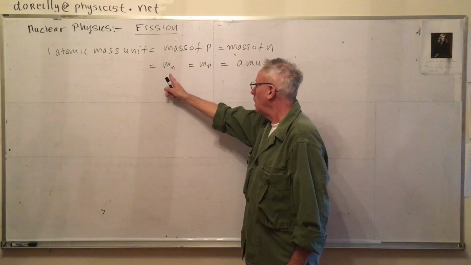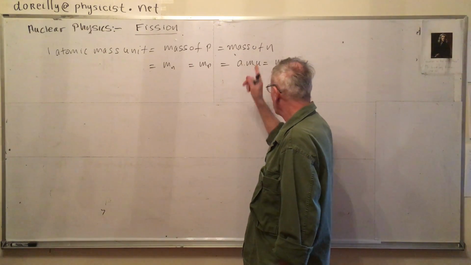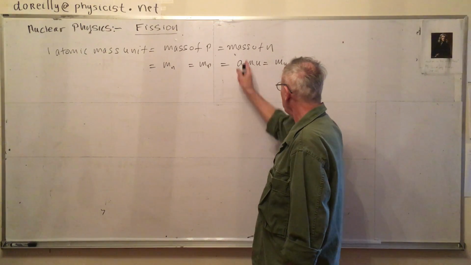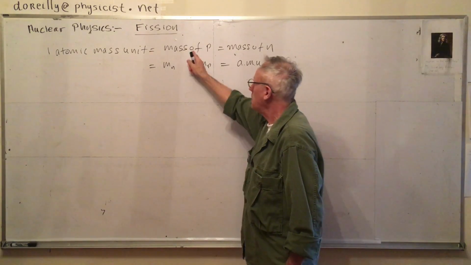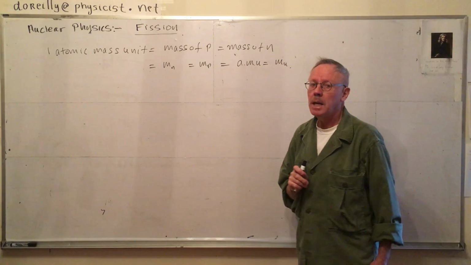The mass of the neutron or the mass of the proton is 1 atomic mass unit. Let's see what this mass is.